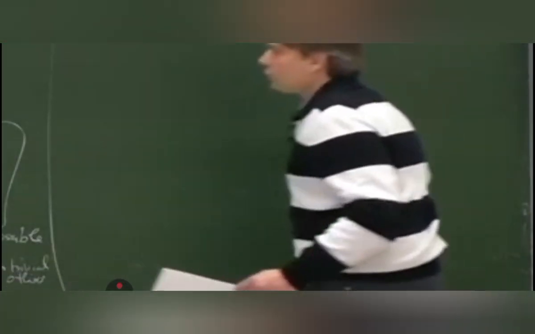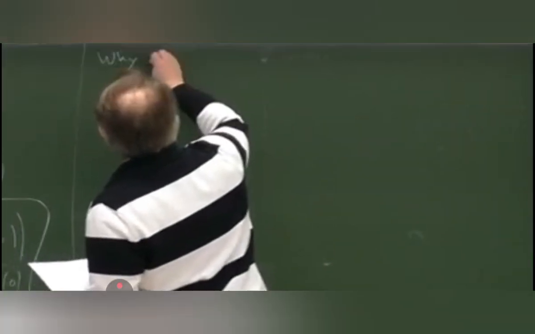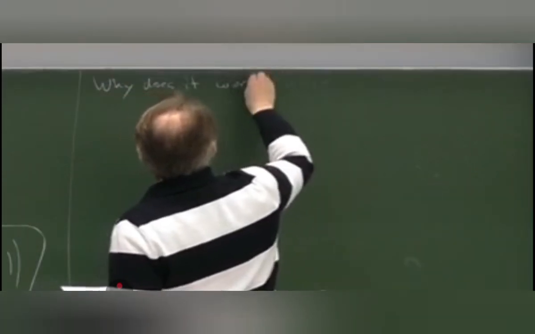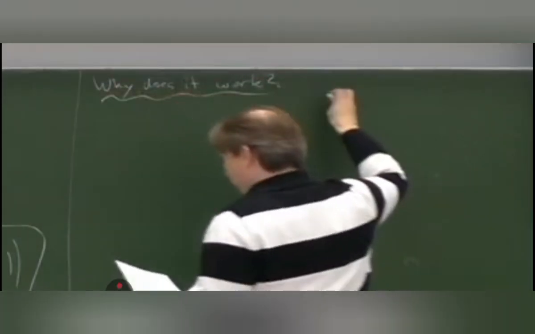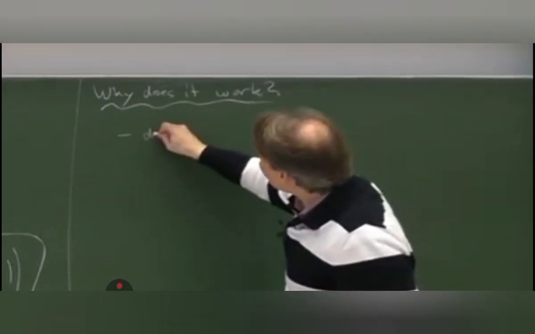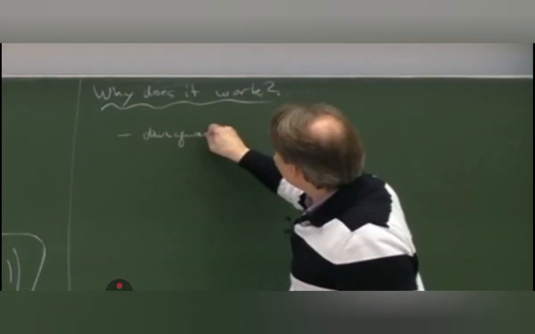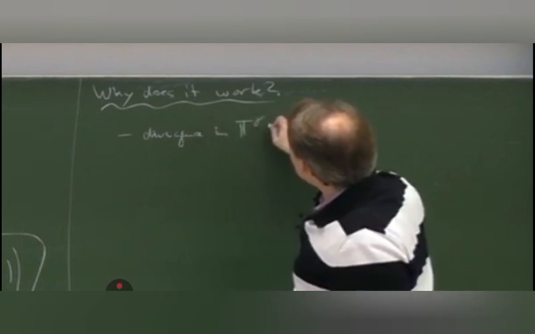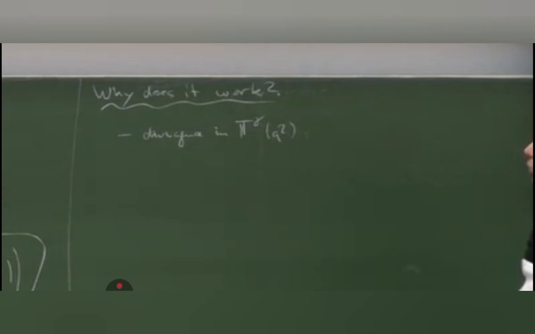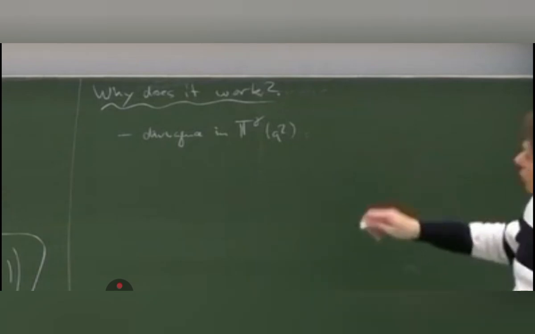What I want to point out is this detail which we have already remarked, which is now important. So why does the whole thing actually work? The point is that the divergence in this vacuum polarization pi gamma of Q square turned out to be a momentum independent constant.